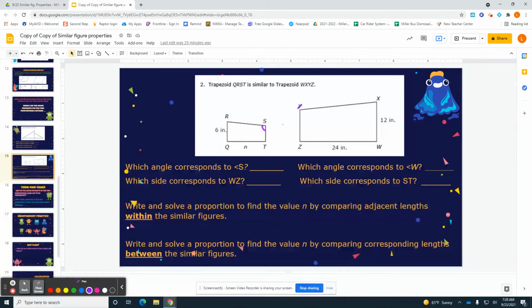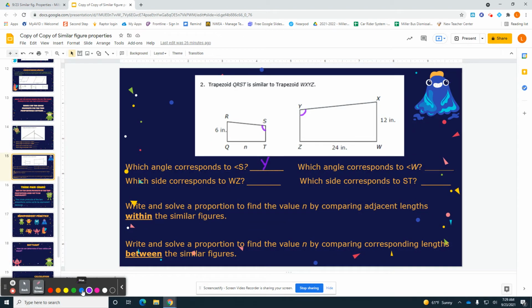No, they are not. This one has the wider side, or the bigger side, of the trapezoid to the left, and this one has the wider side of the trapezoid to the right. So that means that angle S is going to correspond with angle Y.